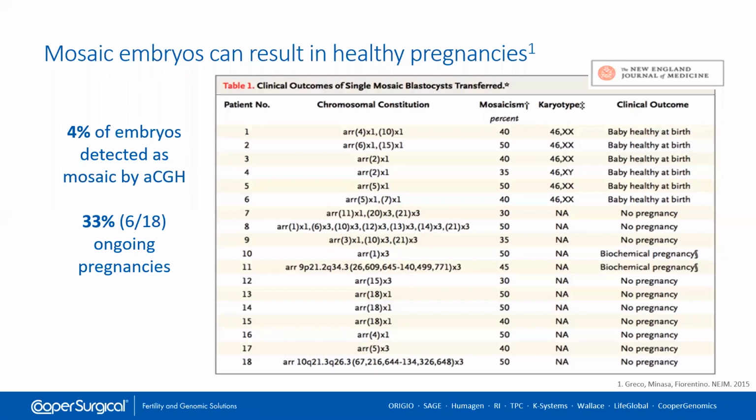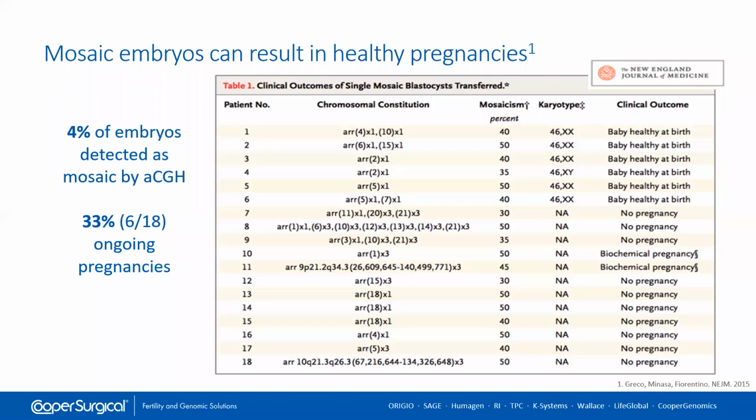So what this was showing, from this very limited data set, is that there was the potential for the mosaic embryos to have a healthy live birth. They actually had the children karyotyped at birth and found that they were, as far as we could tell, a normal karyotype. So the mosaicism wasn't carried through to the live birth.